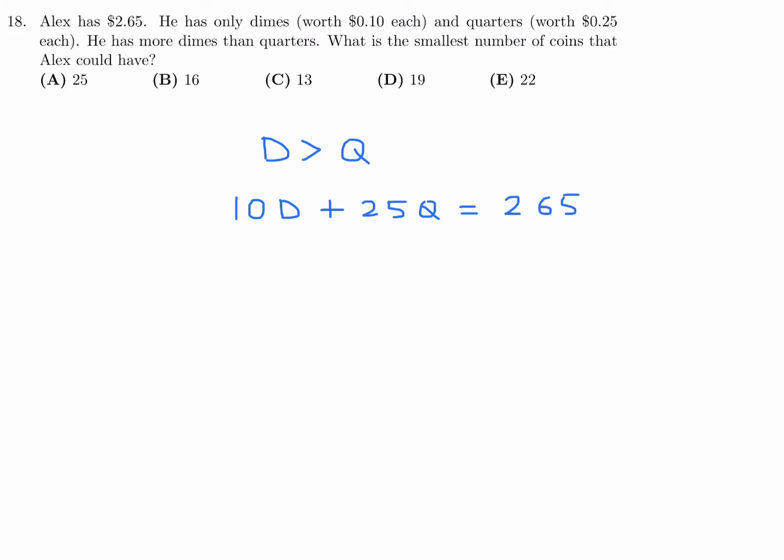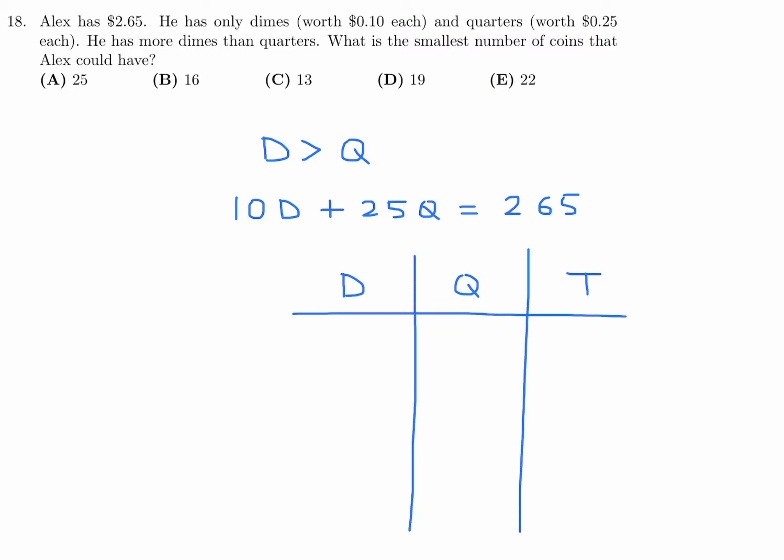So we have to solve this based on the condition that D has to be greater than Q. So let's just make a quick table. We got D, we got Q, and we got T for total number of coins. All right, let's see. Start plugging away here. Let's say Q is 5.